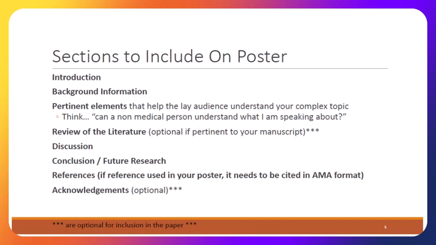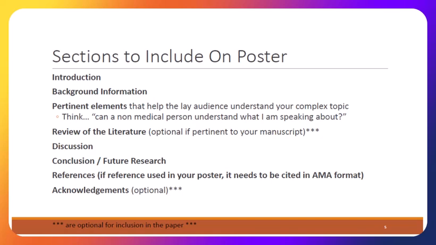Now, sections to include on a poster include an introduction. Sometimes people will specifically provide the title introduction, or they may just have a paragraph or two, but don't have that specific title. Other things that people might include, and these can fall in the introduction section themselves, or if you felt necessary, you could have them be headings, some background information, and pertinent elements.